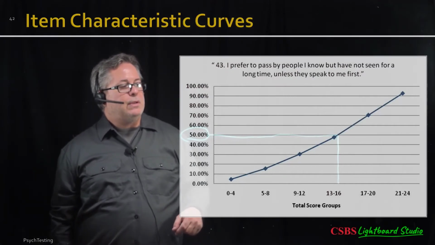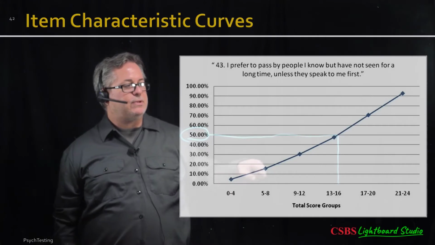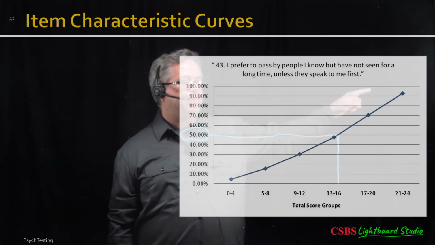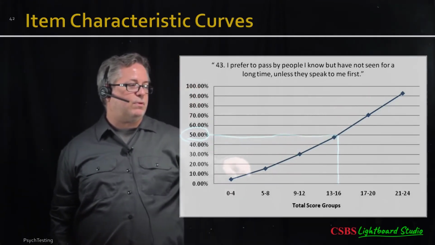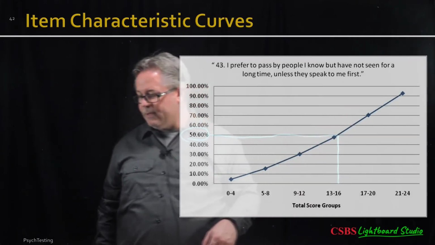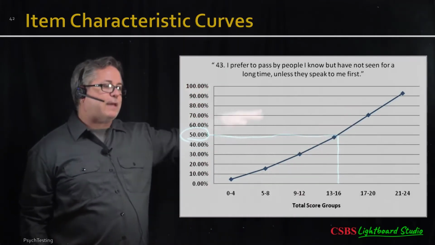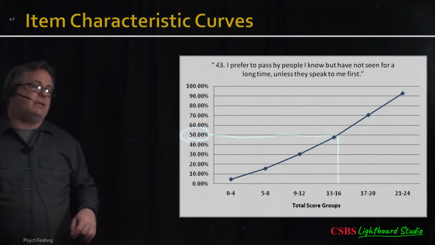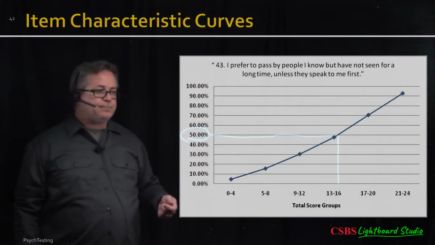All right. So this tells you a couple things. How steep this curve is going up like this. This is a relatively slow slope to the curve. The flatter it is, the less discriminating the item is.